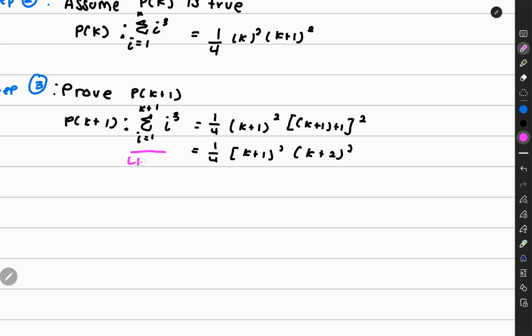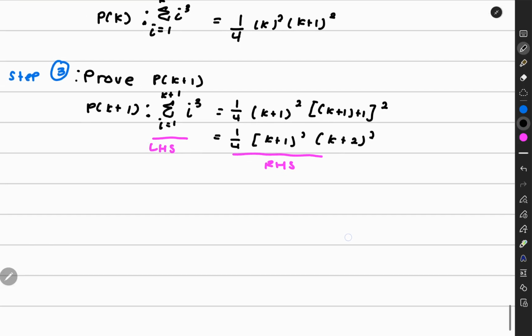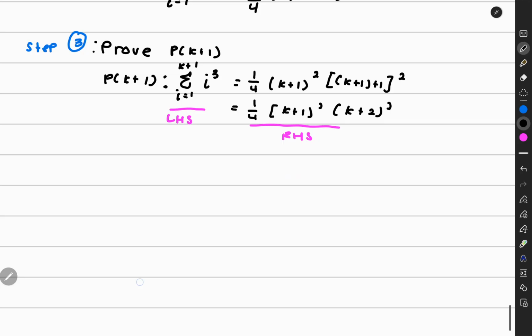So always start from the left hand side of your P(k plus 1). From the left hand side, we have the summations of i to the 3, i from 1 to k plus 1.